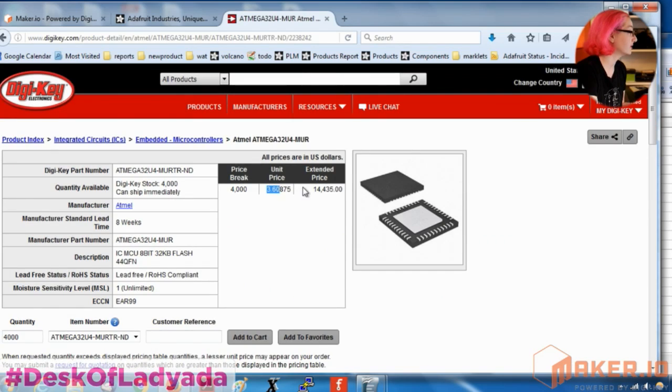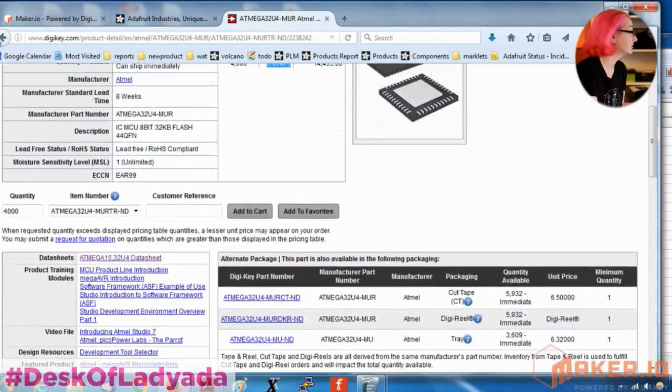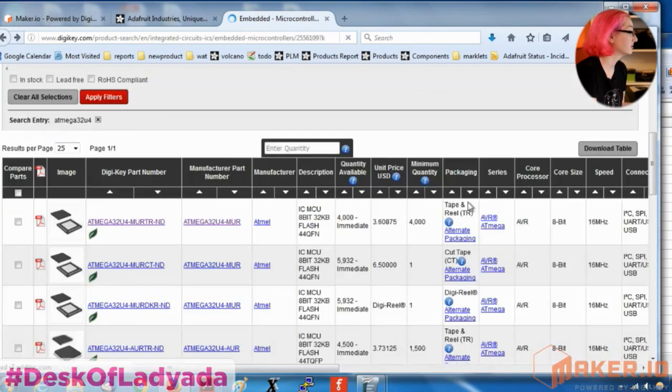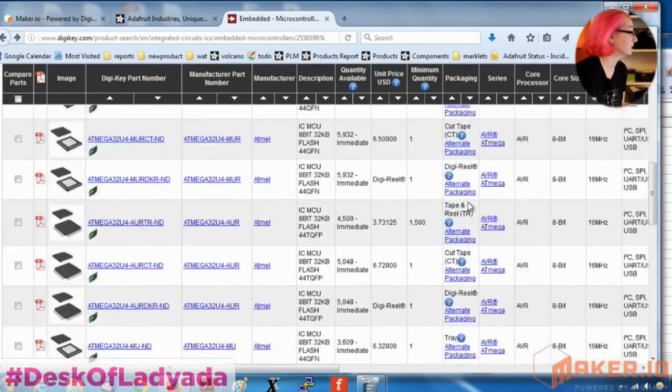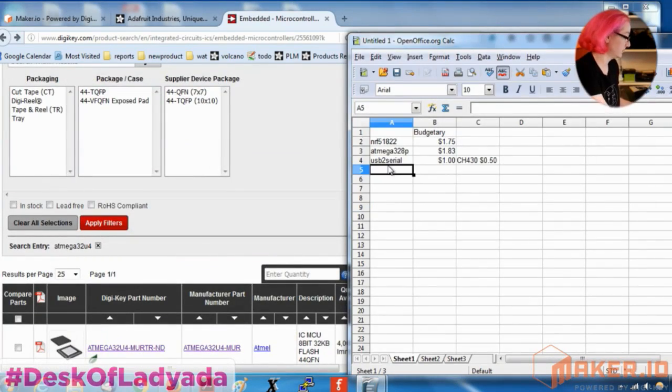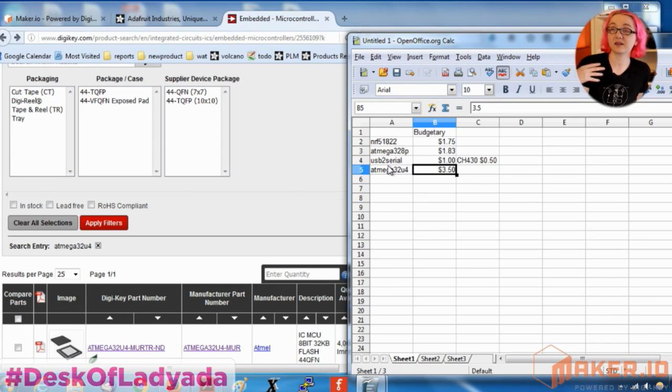This chip is about $3.50, a little bit more than these two, but has the benefit that it can act as a USB keyboard or mouse. So trade-offs need to be made.